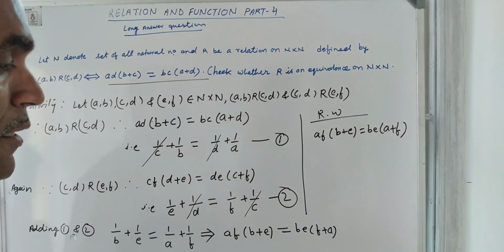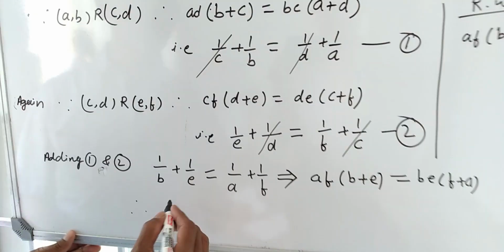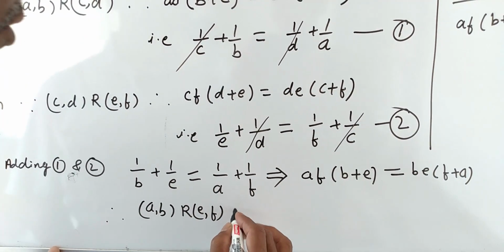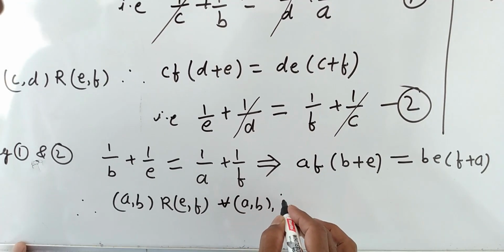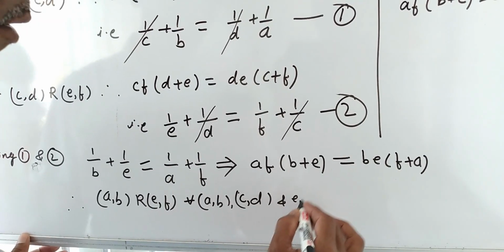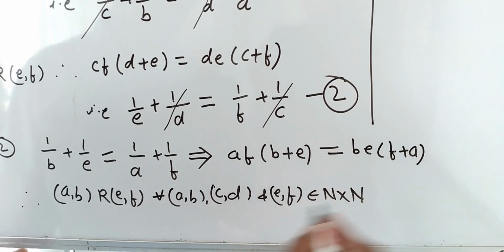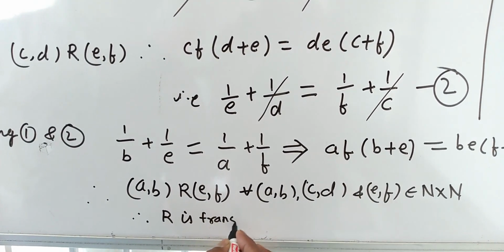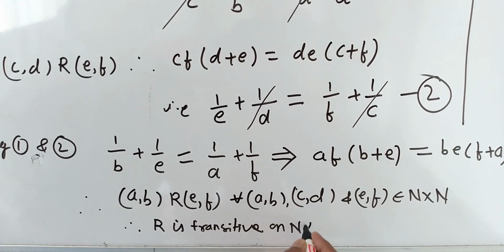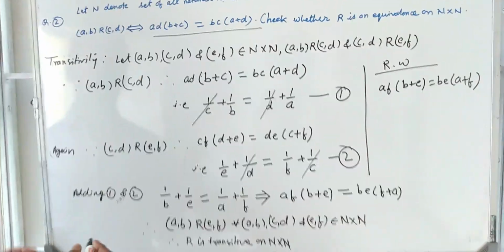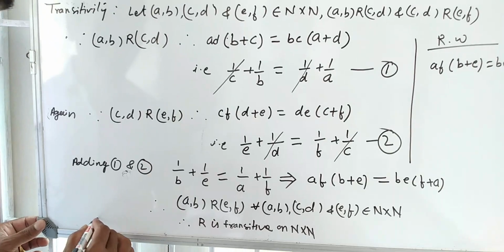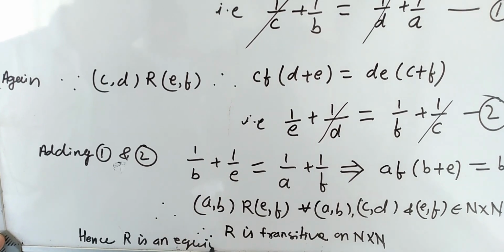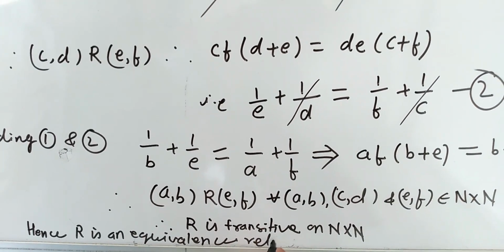I think both results are the same. Therefore (a, b) is related to (e, f) for all (a, b), (c, d) and (e, f) belonging to N cross N. Therefore, you can say R is transitive on N cross N. At last you write down: since R is reflexive, symmetric and transitive, hence R is an equivalence relation.